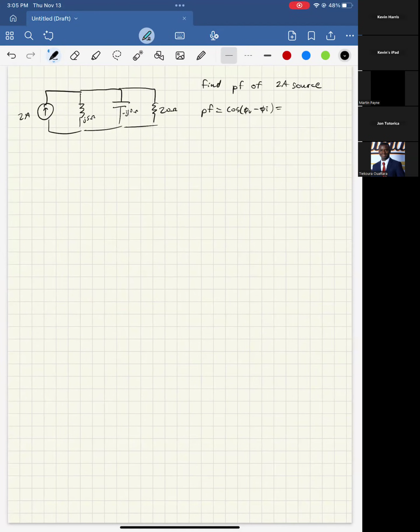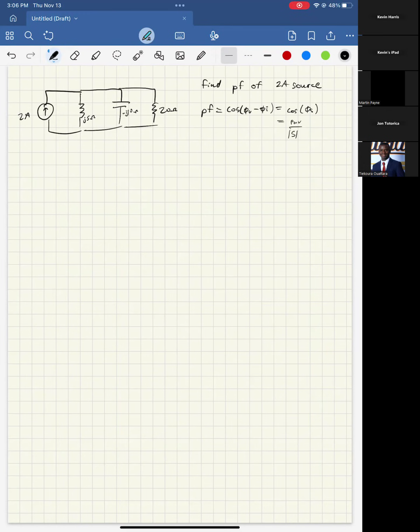It's also the cosine of the phase of the complex power, and it's also the average power over the magnitude of the complex power. All these things are the same.